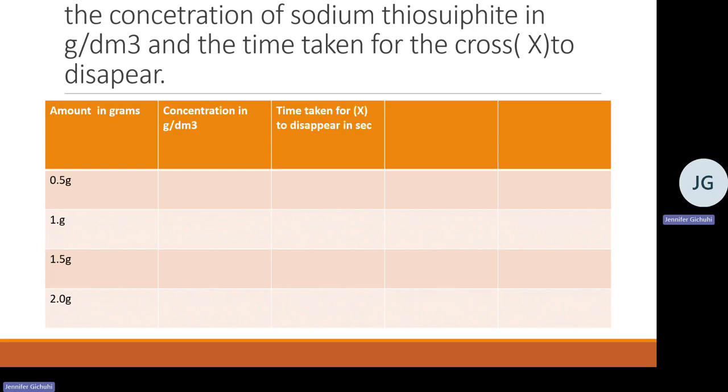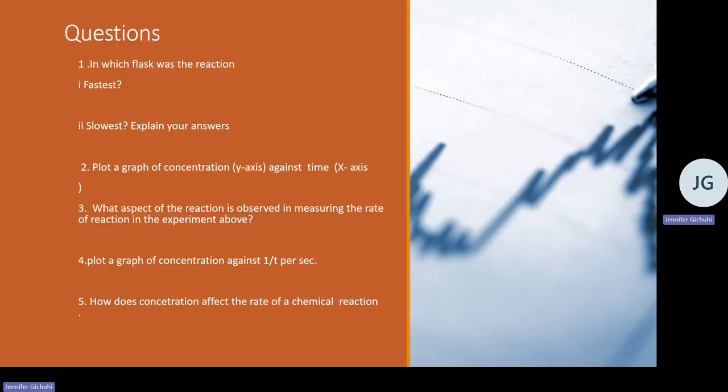Now in the next column, I want you to add up there 1/time, so that you are going to use that 1/time and the concentration that you have calculated there to obtain the next graph, which is concentration against 1/time in question number 4.